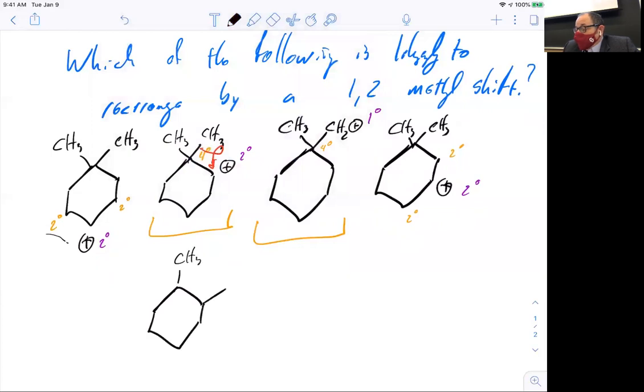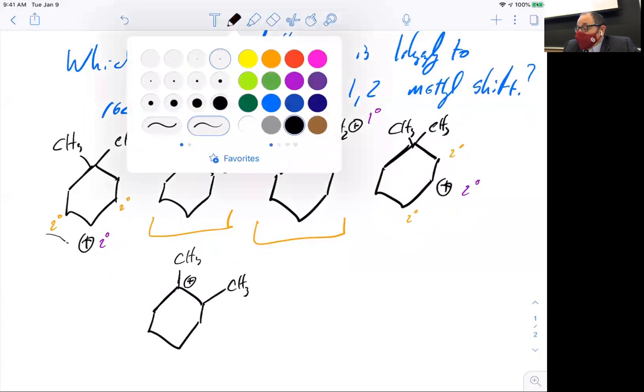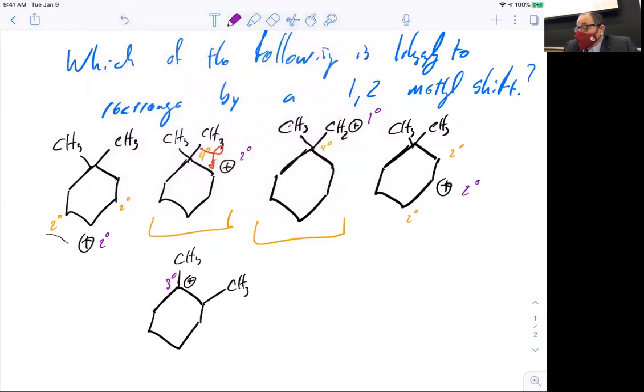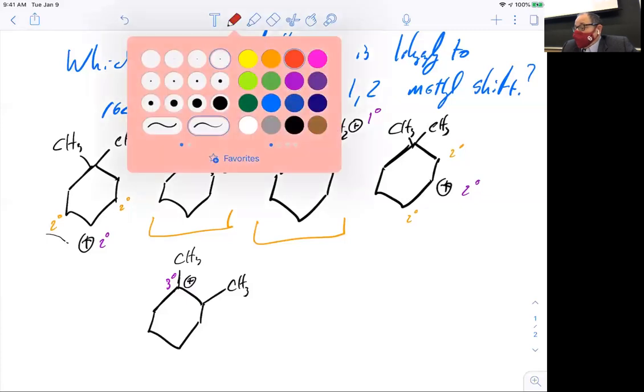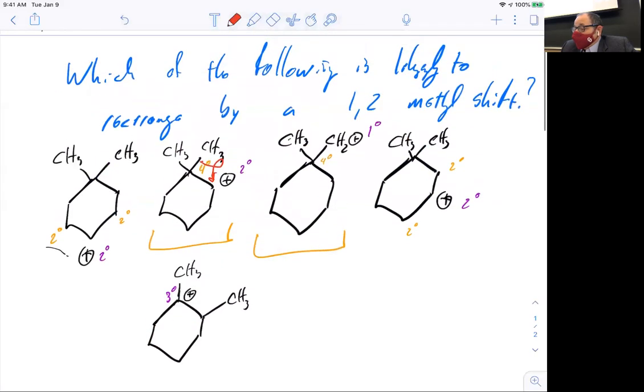If I move that methyl out to this position, that would leave the carbocation here. If I evaluate that carbocation, I see that that's a tertiary. So going from a secondary to a tertiary is going to be energetically favorable. That's going to predict a 1,2-methyl shift. In this one, I've got the methyl out here on the outside.